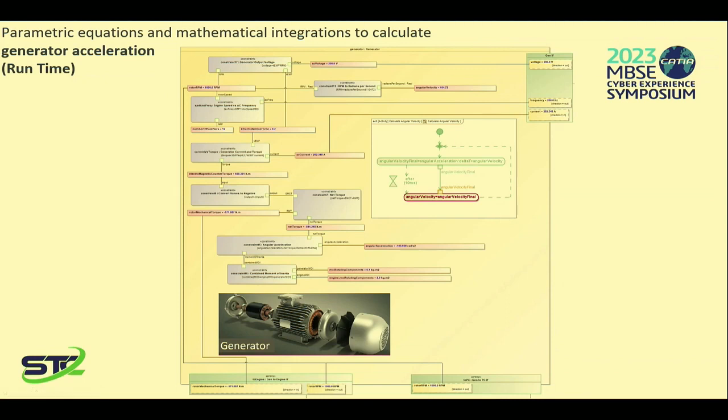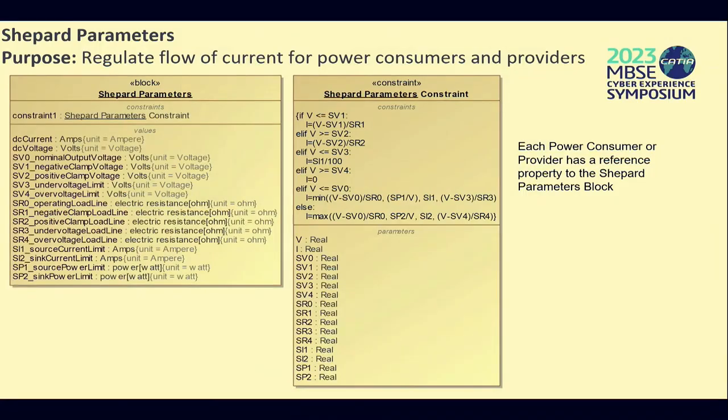So we'll get into talking about the constraints and how we calculate that. But there's essentially a net torque value that we're calculating based on how much current we have flowing through the generator and the actual amount of fuel flow that we have and the torque that's coming in to turn the generator. So a lot of really neat physics aspects to this model that I hope you'll find interesting.